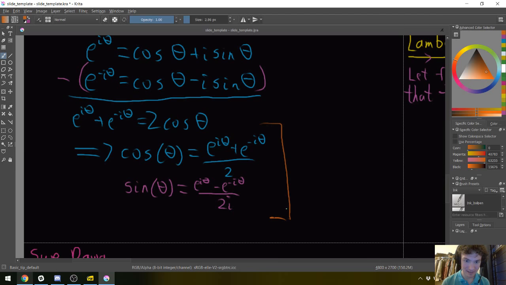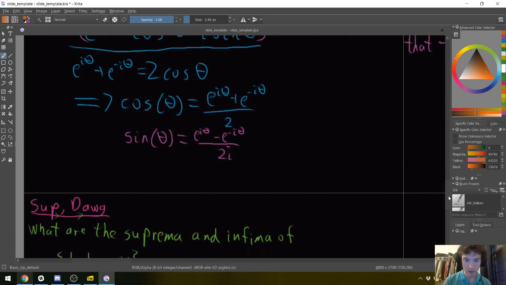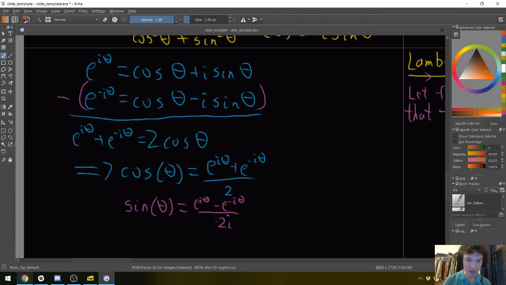I have no questions. This is still cool. What does this look like? This looks very similar to something we saw a moment ago. Cosh alpha is e to the alpha plus e to the minus alpha over 2. Cos, with no h, of theta is e to the i theta plus e to the minus i theta over 2.